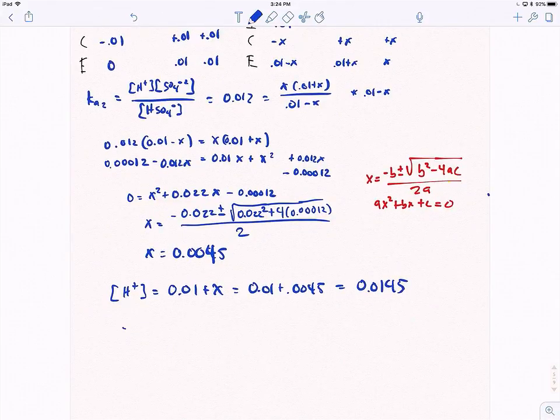And then pH equals minus log of the hydrogen ion concentration, equals minus log 0.0145, which is about 1.8.